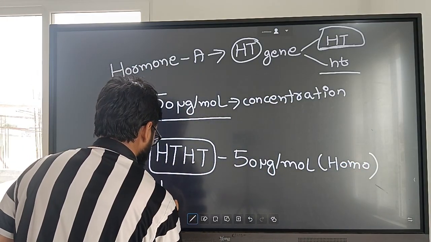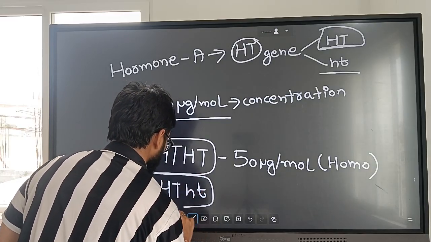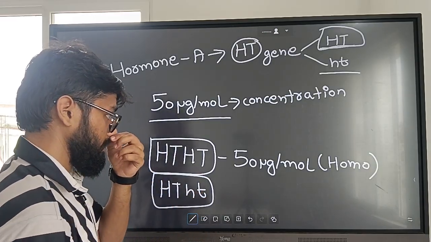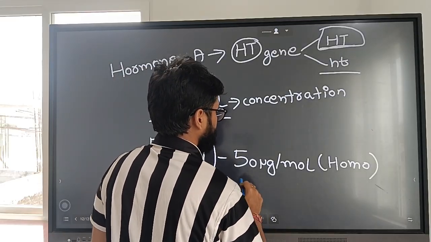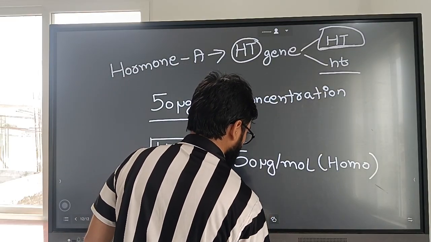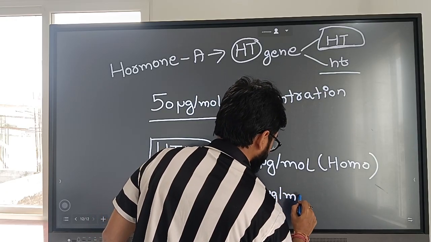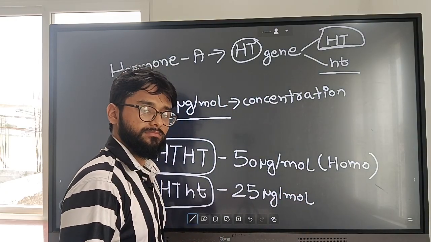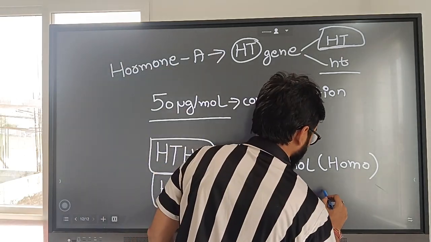But what happens when it is in the heterozygous condition? In this condition, you will see that it is not creating 50 micrograms per mole, but rather 25 micrograms per mole, which is just half.